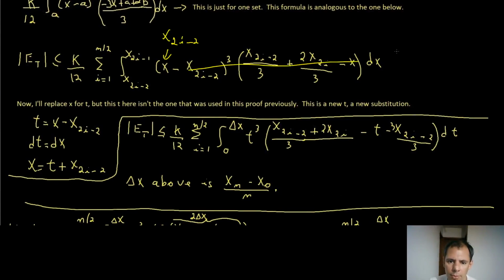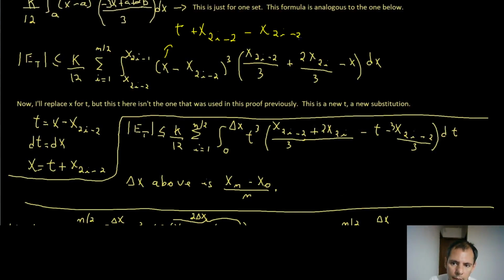And 0 multiplied by everything doesn't matter, okay? But, oh, I'm sorry guys, I'm making a confusion here. I'm gonna replace this x for t plus x sub 2i minus 2, and now you have minus x sub 2i minus 2. So this one cancels with that, and you're left with a t. That's why this thing cubed became just t cubed.